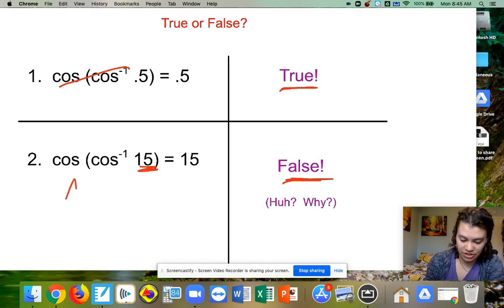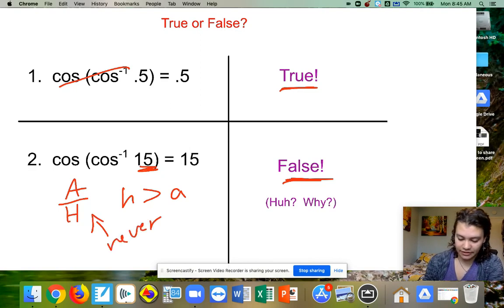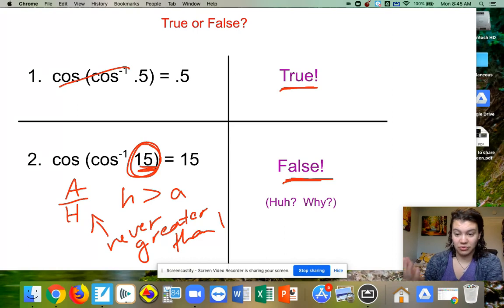Cosine is your adjacent over your hypotenuse, and the hypotenuse is always greater than the adjacent side because it's always the longest side. So this ratio is never bigger than 1. So getting 15 as your ratio to begin with is not possible.